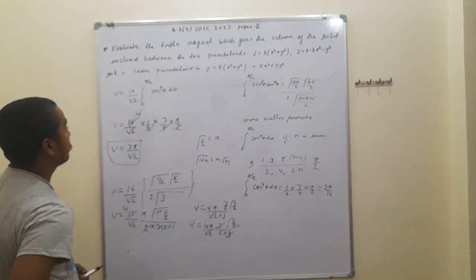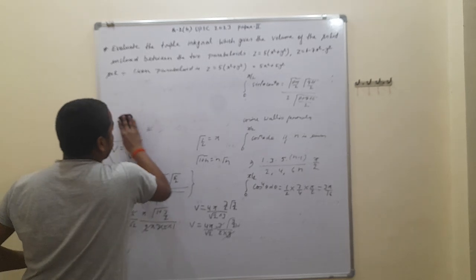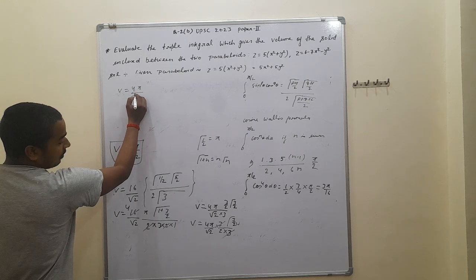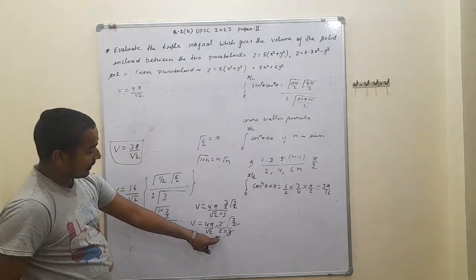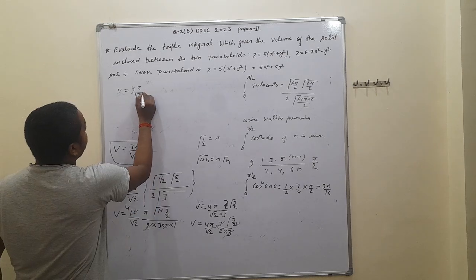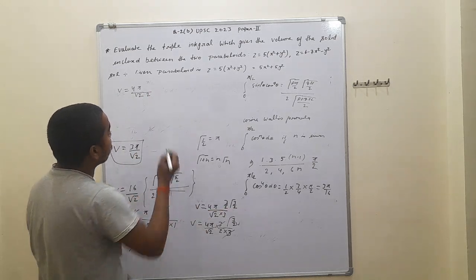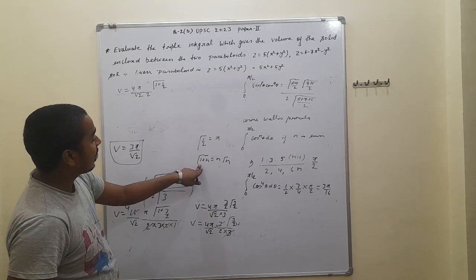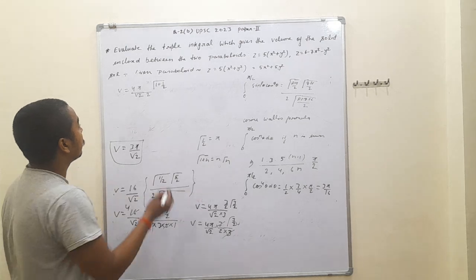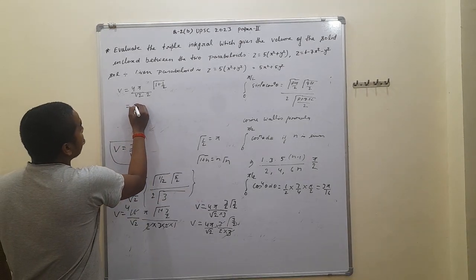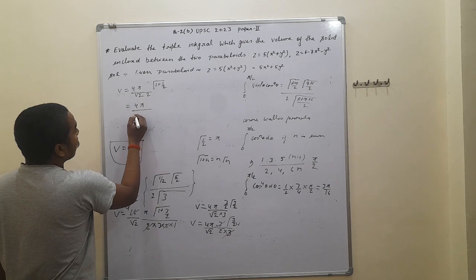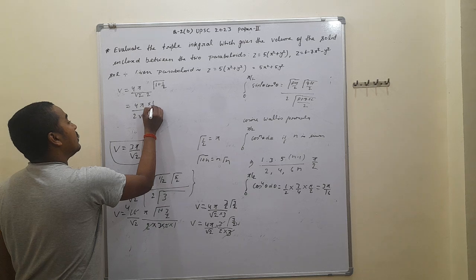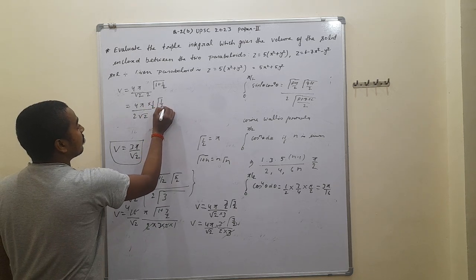We can also write that volume is equal to 4 pi upon root 2, and here upon 2, and gamma 3 by 2 is written as 1 plus 1 by 2. Again using the formula gamma 1 plus n, that is n gamma n. From here, 4 pi upon 2 root 2, into 1 by 2 into gamma 1 by 2.